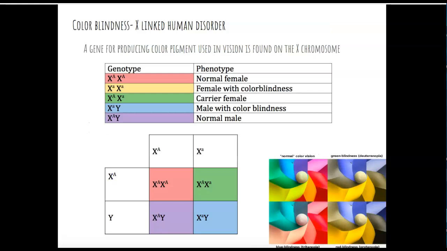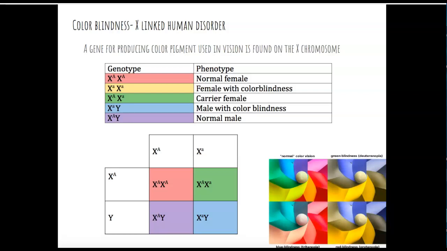So one example that we often give for an X-linked human disorder is color blindness. There's a gene for producing color pigment that's used in vision, and it's found on the X chromosome. So your genotype is going to depend on both your sex chromosomes, whether you're a male or a female, as well as your allele for color blindness.